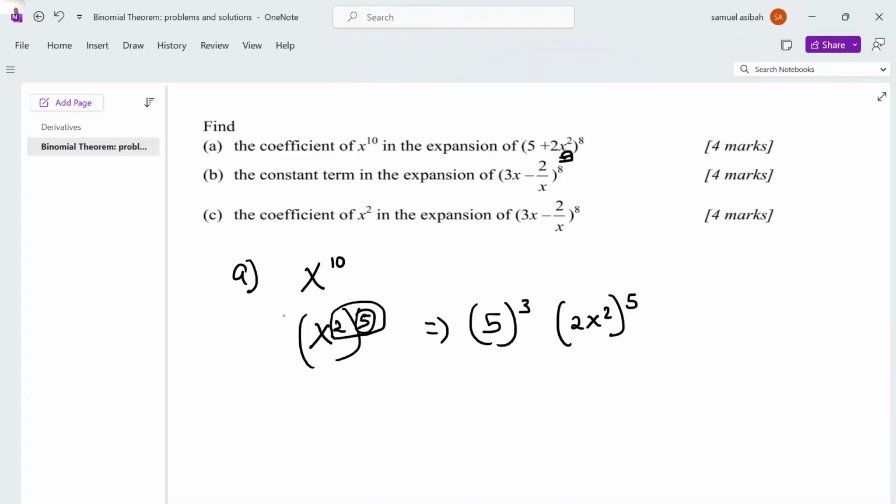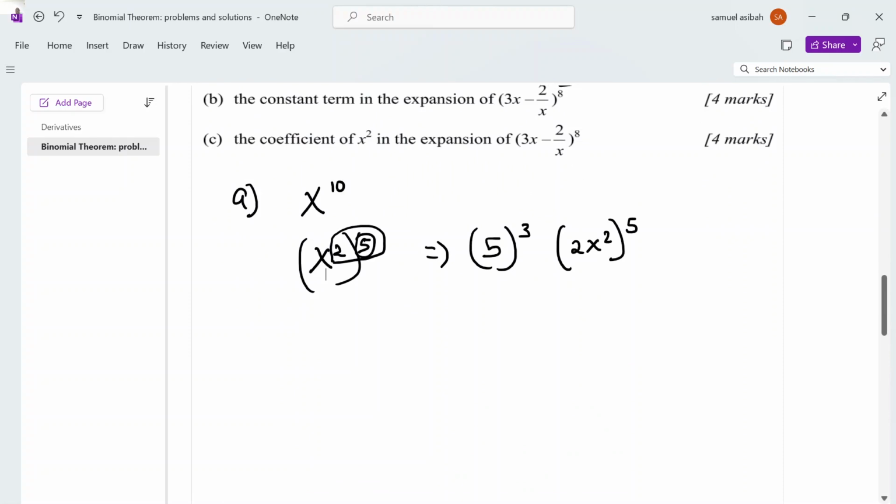Okay, so that makes it easy. Now you go back and now get what is the coefficient of this particular point. So then you get that it is 8. We have a total of 8. Then out of 8 we are selecting 5. So then we have 5 raised to 3.